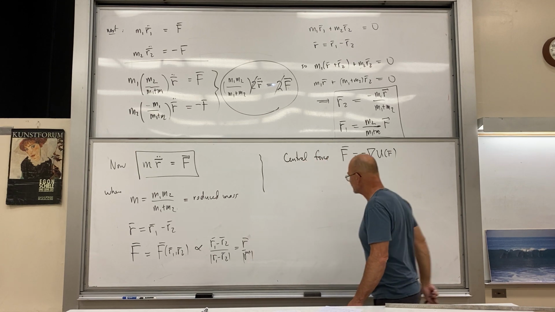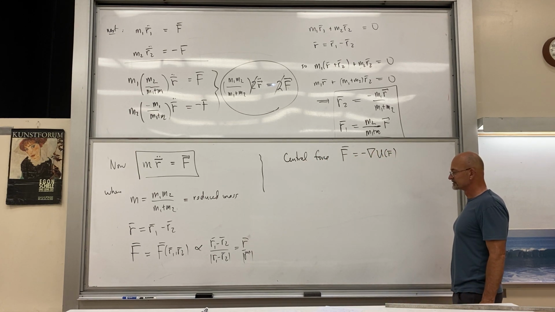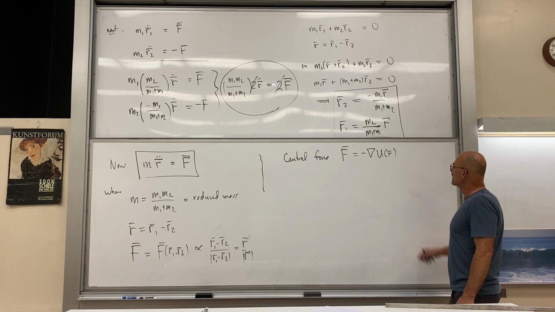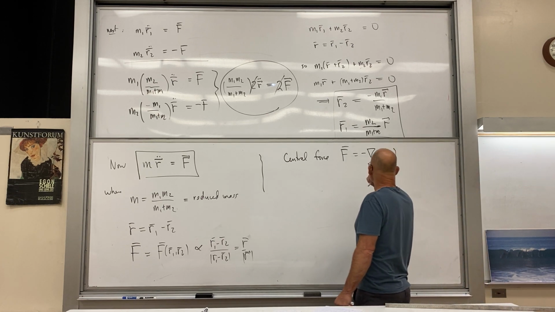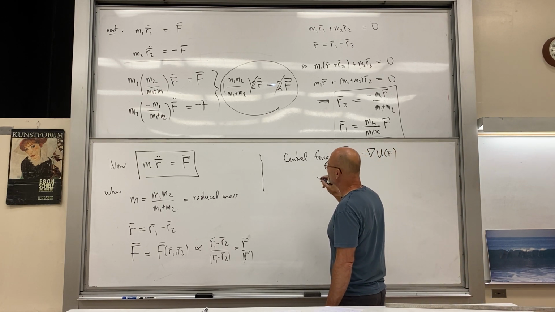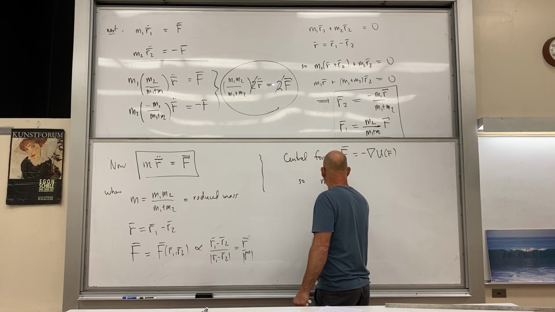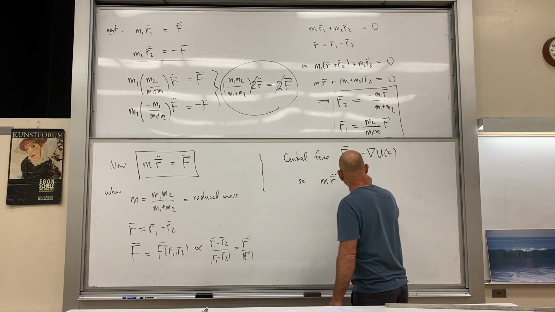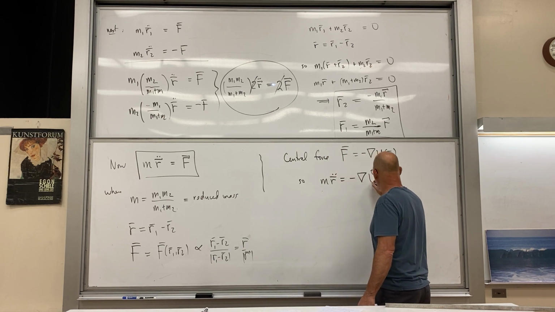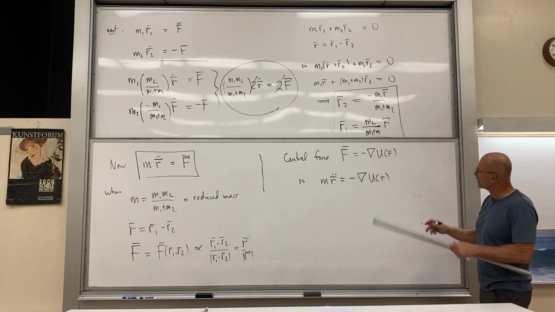Function of the difference. So we have m r second derivative equals minus gradient u of r. Now you'll notice I took away the vector there.